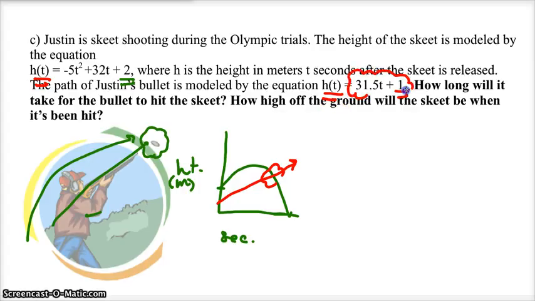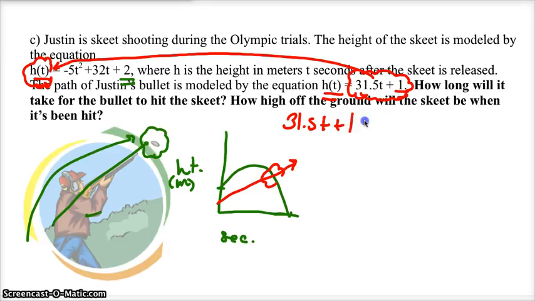So I'm going to take this 31.5t plus 1, and I'm going to replace it in for this one. So it's going to give me 31.5t plus 1 equals negative 5t squared plus 32t plus 2.